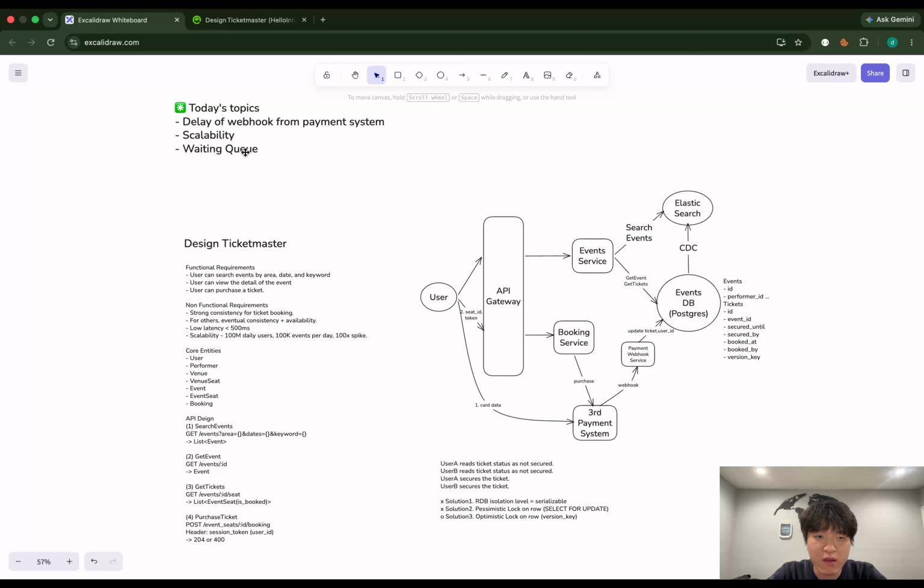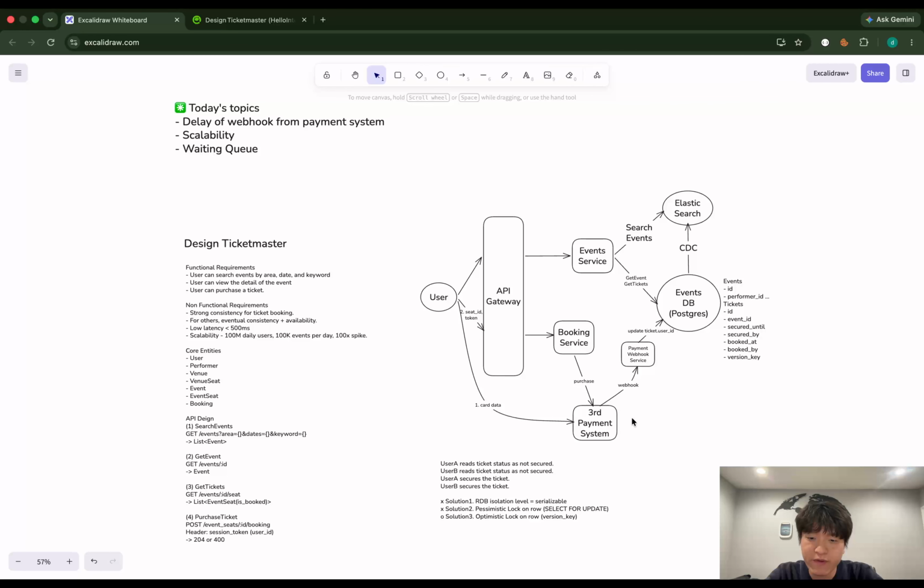Let me get started with the first one, the delay of the webhook from the payment system. In my last video, I talked about using a third-party payment system like Stripe, because PCI regulation is so tough and we don't want to save the credit card information in our database.